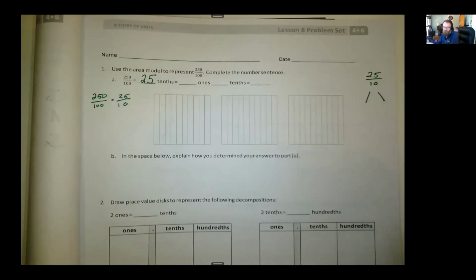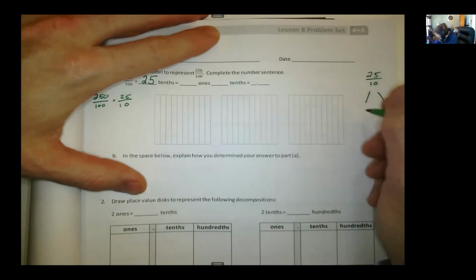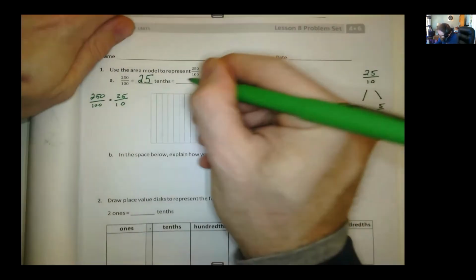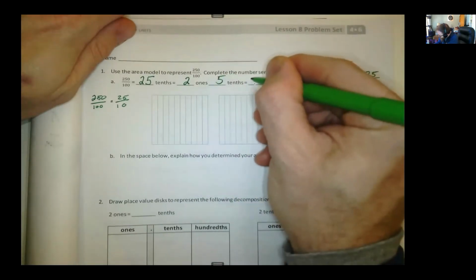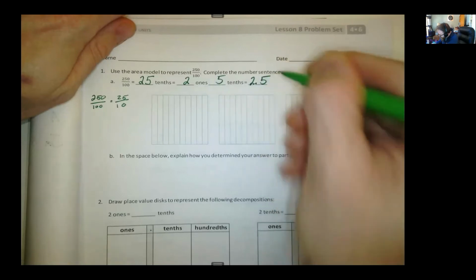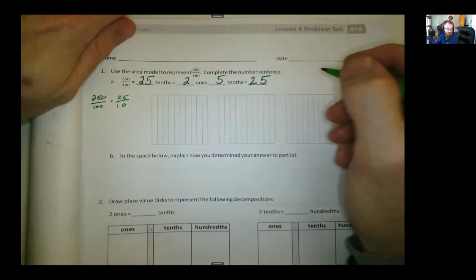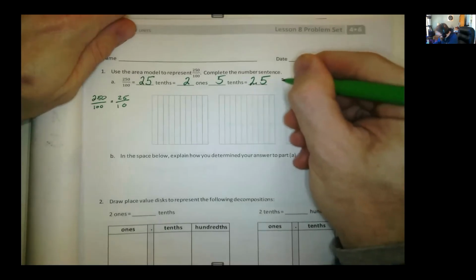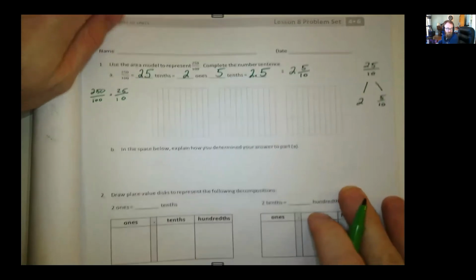Since our denominator is 10, we have 2 tens in our numerator, so that's 2 wholes, and then we have 5 tenths left over. So we have 2 ones and 5 tenths. That's how you would show it as a decimal. And if you were writing it as a fraction, it would look like 2 and 5 tenths. Okay, so far so good.